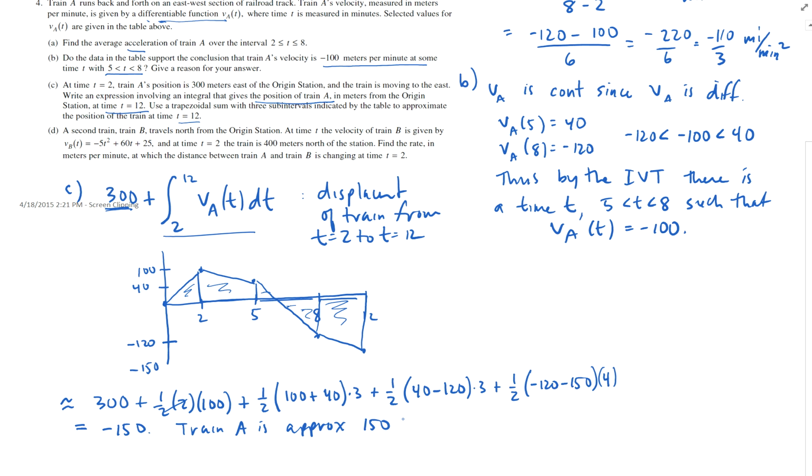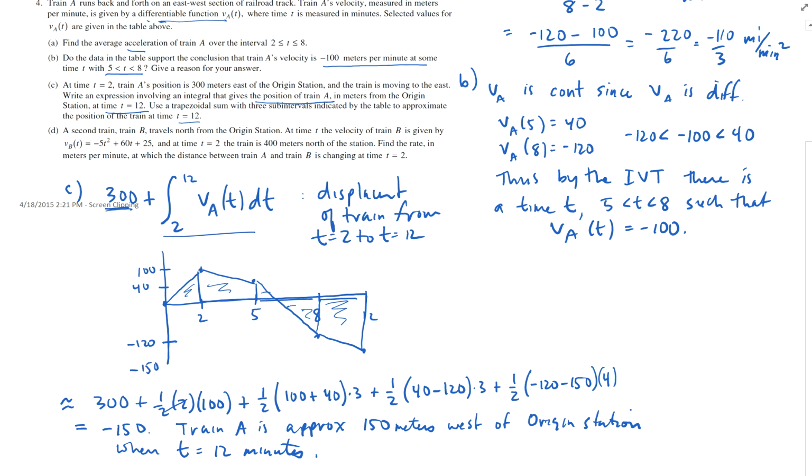We're talking meters. Which direction? West. So that's to the left of the origin station when t equals 12 minutes. Okay, there you go on that one.